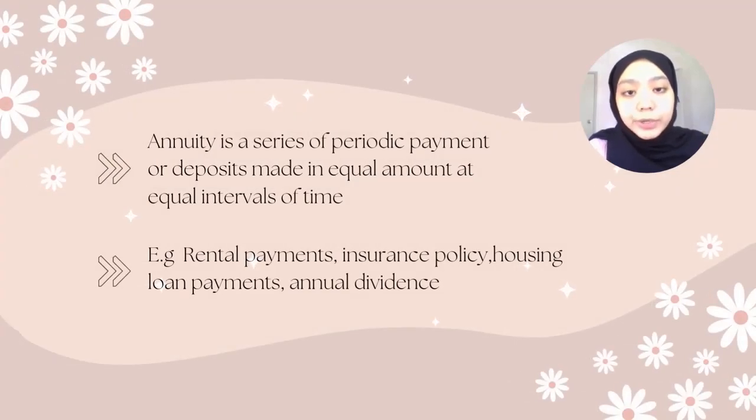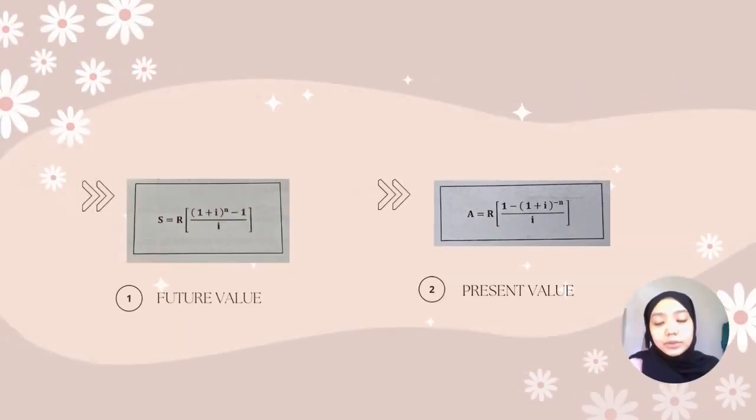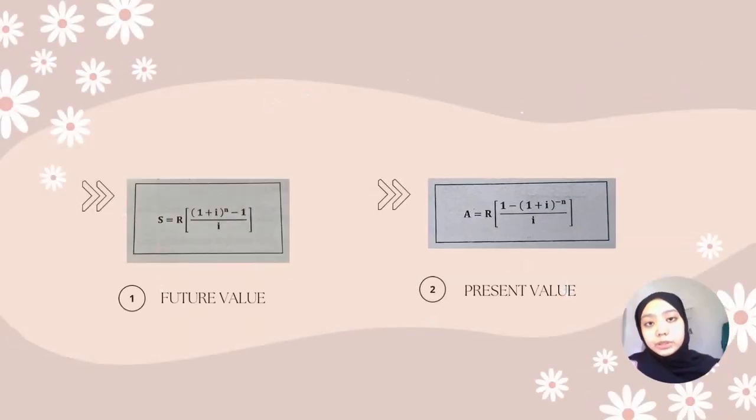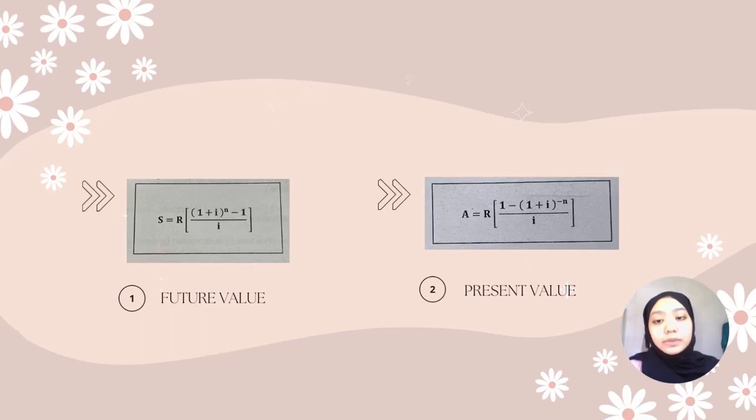Annuity is a series of periodic payments or deposits made in equal amounts at equal intervals of time. Examples of annuity are rental payments, insurance policy, housing loan payments, and lastly, annual dividends. During the making of this question, I focus on two main formulas, which are the future value formula and the present value formula.